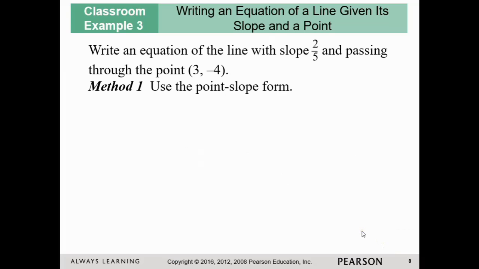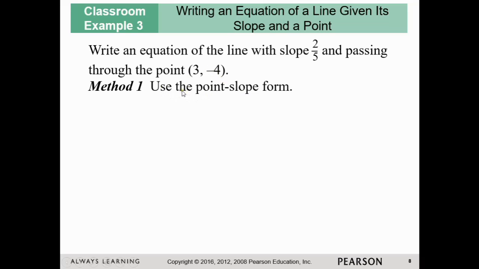So, in this situation that we're talking about here, we're asked to write an equation given a slope and a point. So we're given the slope of 2/5 and it travels through the point 3, -4.